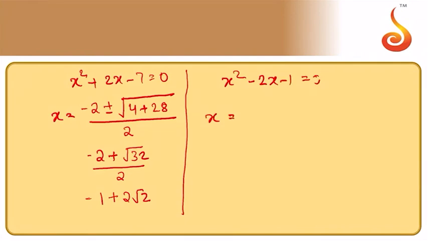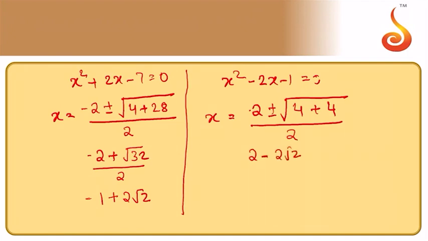The other one is x square minus 2x minus 1 equal to 0, x equal to 2 plus or minus under root of 4 plus 4, by 2.